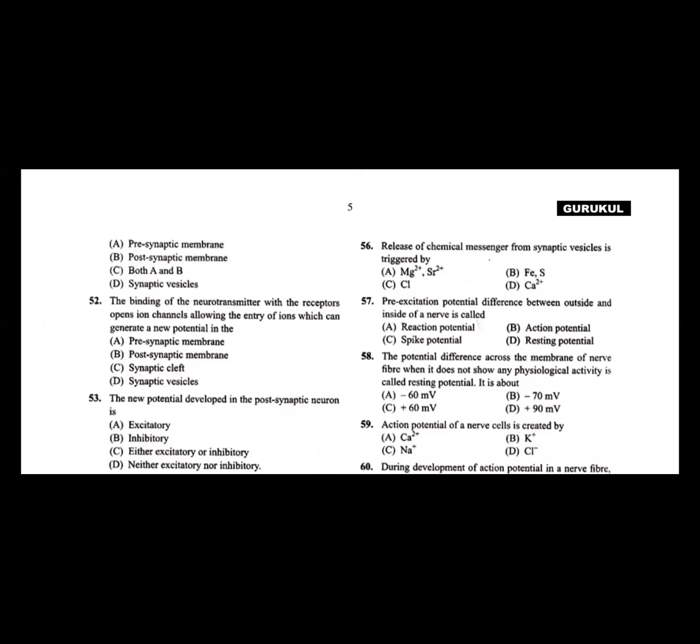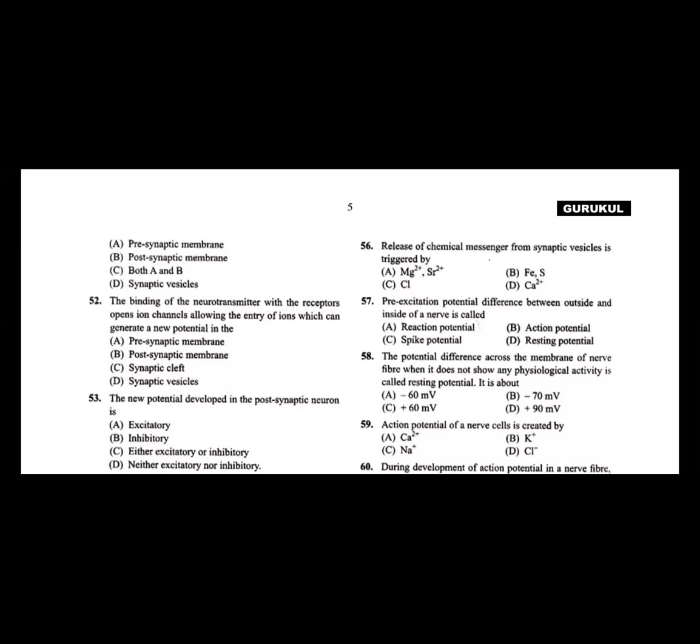These neurotransmitters released from the presynaptic membrane bind to the next neuron, the postsynaptic membrane. The dendrites of the postsynaptic membrane have the receptors for the binding of these neurotransmitters. So neurotransmitters transferred from the presynaptic membrane reach the postsynaptic membrane. So the answer for question number 51 is B, postsynaptic membrane, students.